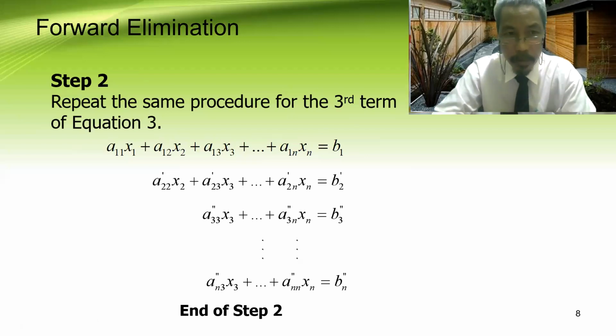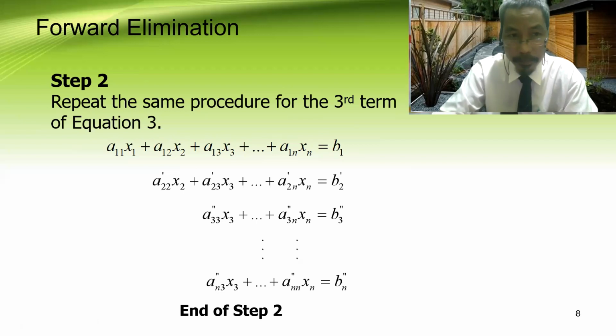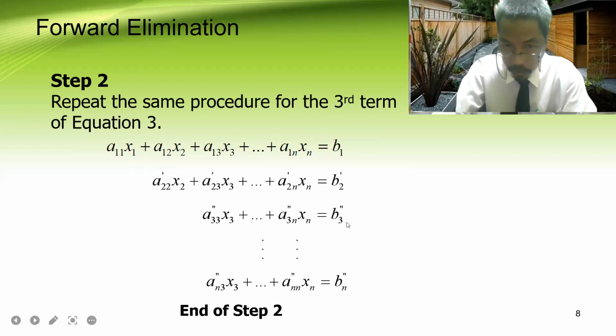Step 2: repeat the same procedure for the third term of equation 3. We are now working on the third term, so we want to make all of the coefficients of x2 equal to 0.